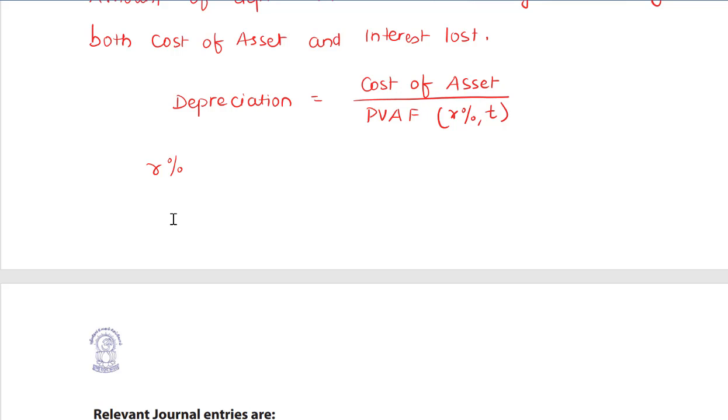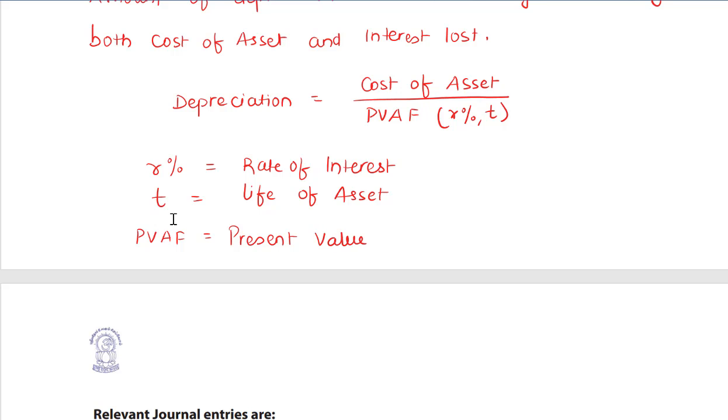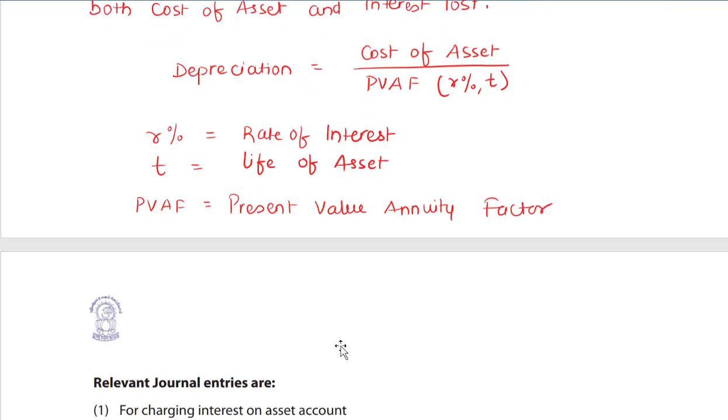R percentage is the rate of interest, T over here is the life of the asset, and PVAF is present value annuity factor. I believe you understood till here.